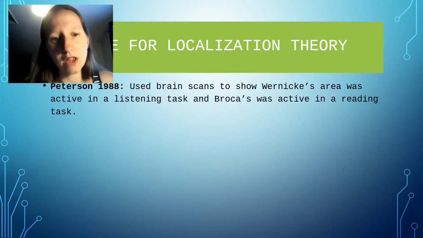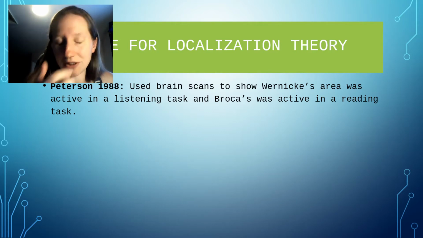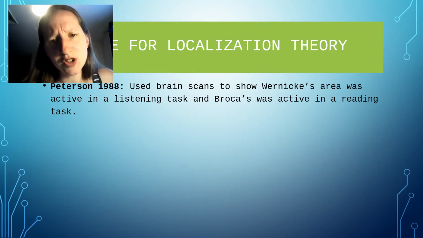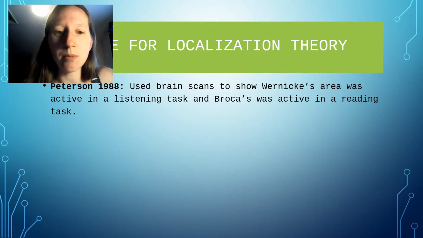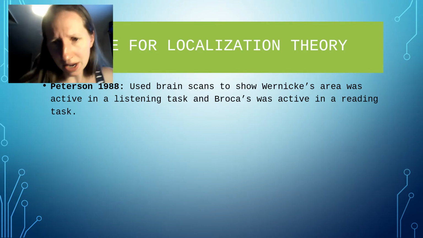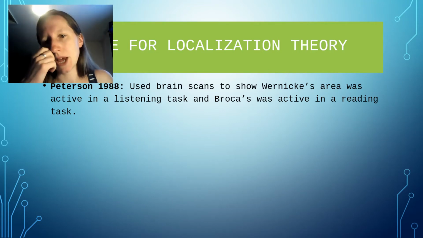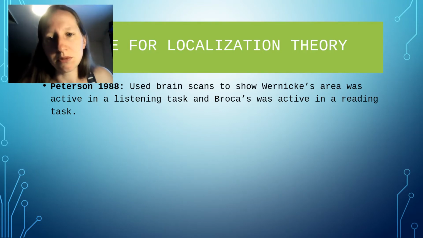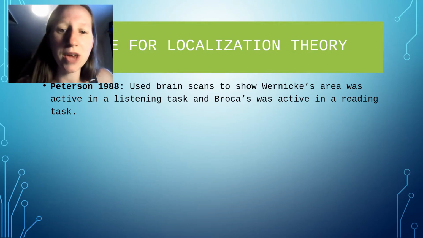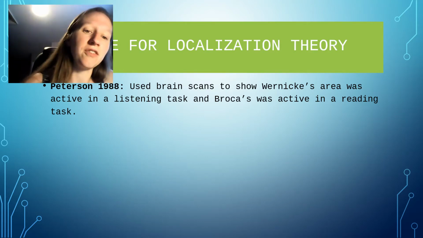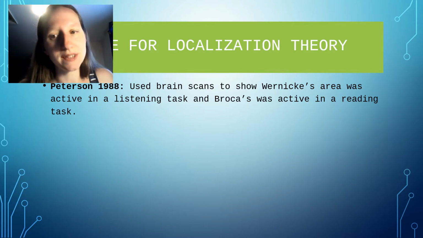Another thing you can talk about is Peterson in 1988. He used brain scans and looked at Wernicke's area and Broca's area. He found that when he gave someone a listening task, it was Wernicke's area that was being used to understand what was being said.